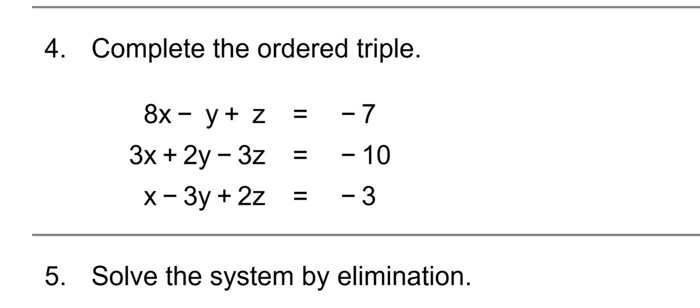Let's do Y, okay? So I've got 2, 3, and 1. What is the number that 2, 3, and 1 all go into? 6. So we're going to multiply the top equation by 6, the middle equation by 3, and the bottom equation by 2.